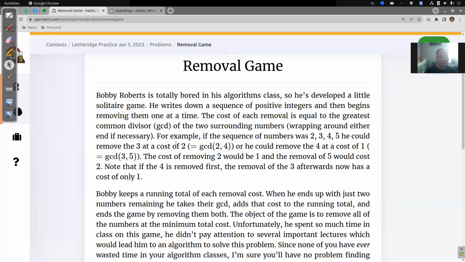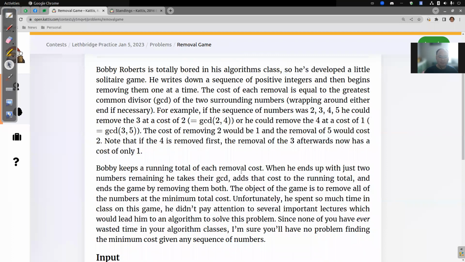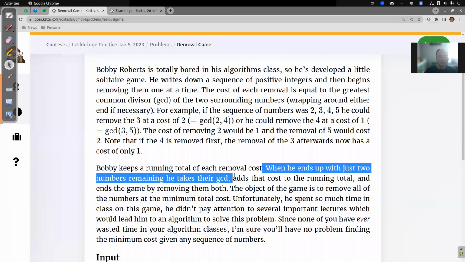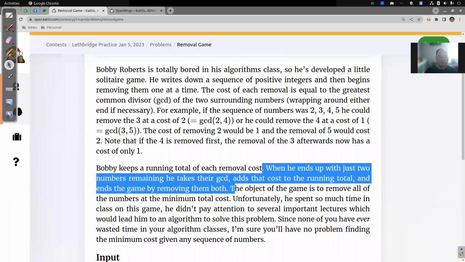And when you end up with just 2 numbers remaining, you take the GCD, add that cost to the running total and end the game by removing them both. So you basically just remove one number at a time. Every time you remove a number, you take the GCD of whatever is before and after, and that's the cost. And then at the end, when you have 2 left, you remove both of them by taking the GCD.